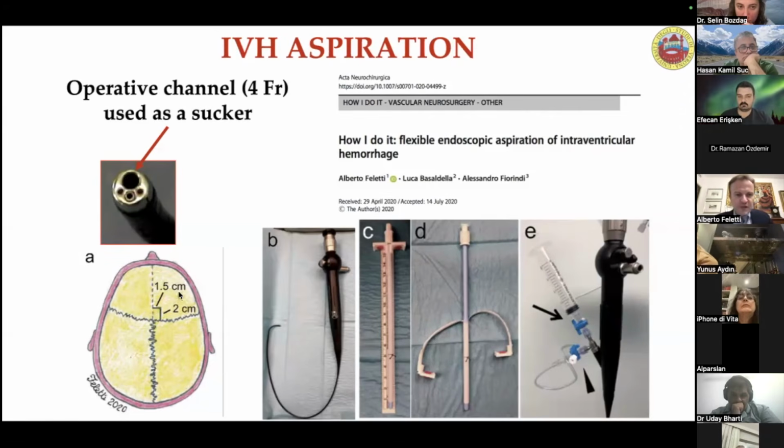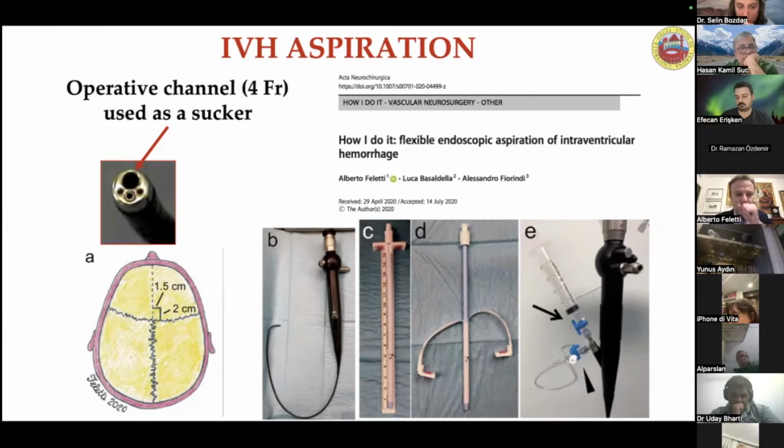What is very important is to place the burr hole in the proper position. Usually I stay precoronal, 2 centimeters precoronal, and not too much lateral, about 1.5 centimeters from the midline. Why do I stay not too much lateral?